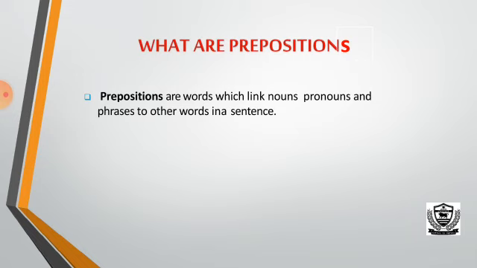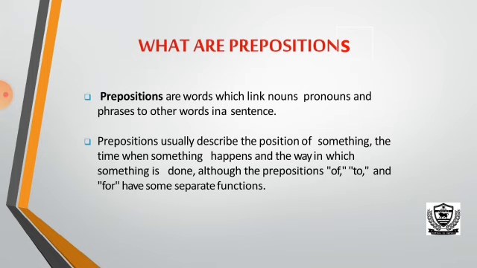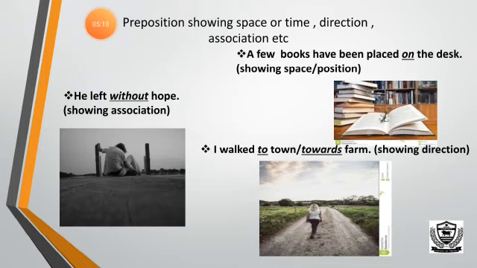Prepositions show the position of something, the time when something happens, and the way in which something is done, although the prepositions of, to, and for have some separate kinds of functions. So students, we have some pictures. Prepositions show space or time, direction, and association.